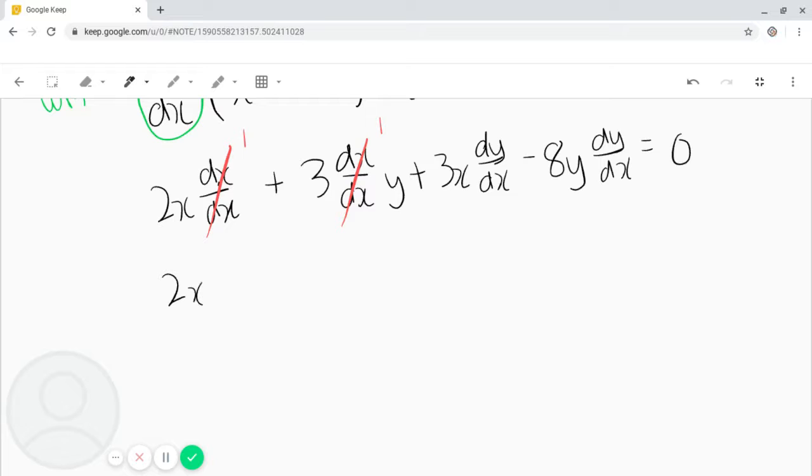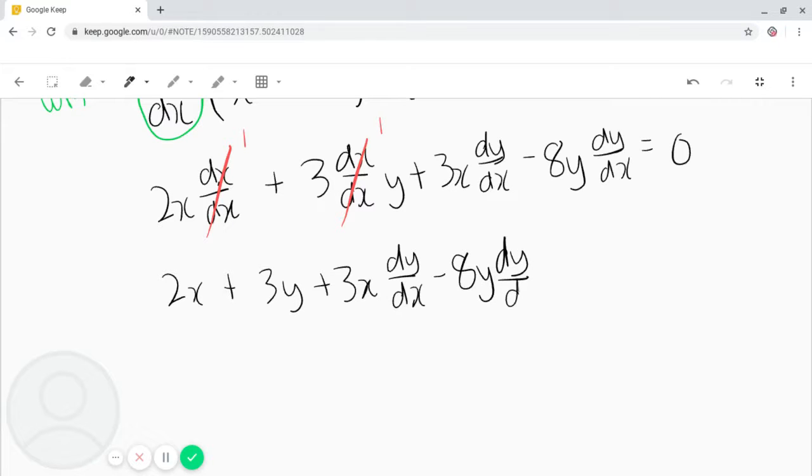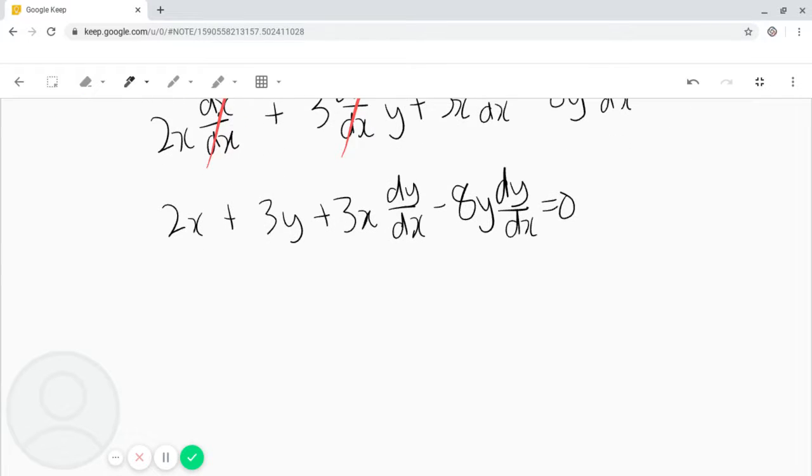So 2x plus 3y plus 3x dy over dx minus 8y dy over dx equals 0. And then we just want to isolate for that dy over dx.